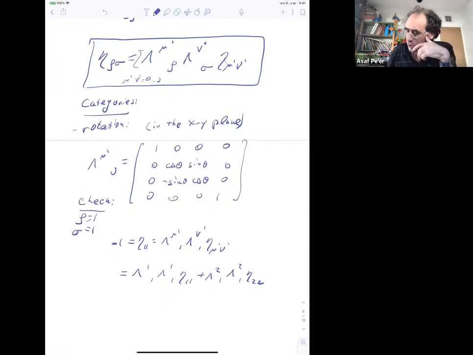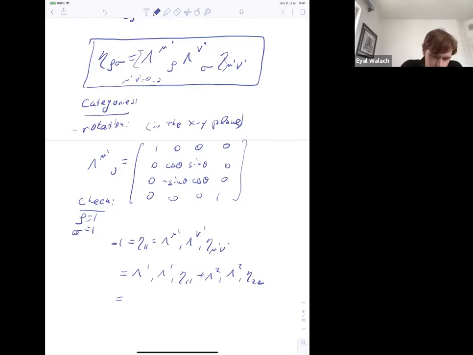But what is lambda 1, 1 times lambda 1, 1? Cosine squared.